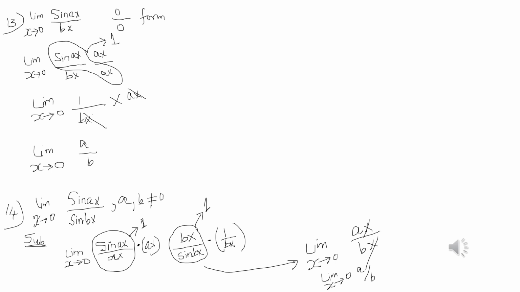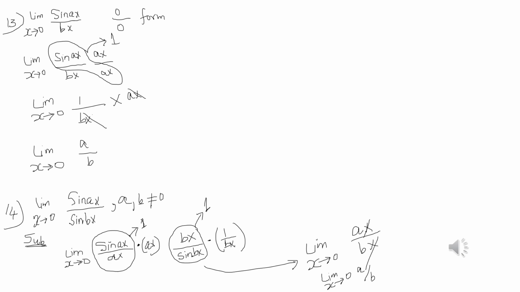Simple. Okay, moving to question number 14, which says: limit x approaches 0 of sin ax divided by sin bx, where it is mentioned clearly that a, b are not equal to 0. When we substitute 0 for x, it gives a 0 by 0 form, so we have to simplify it again using the same formula as in the previous problem.